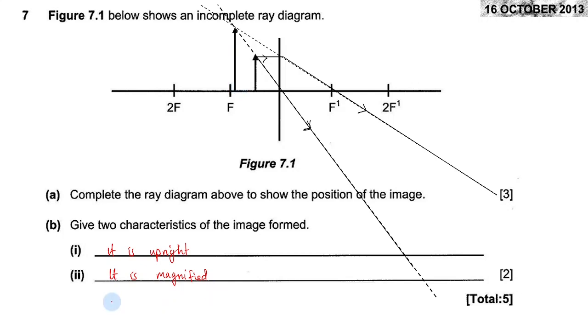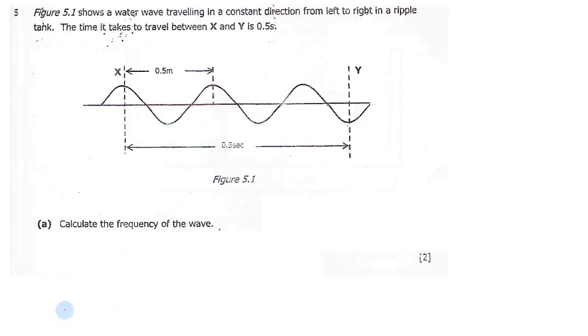It's not a real image. So you can say it is virtual, meaning not real. Virtual is like this. If you want, you can say it is on the same side of the lens as the object. So we move to the next question.